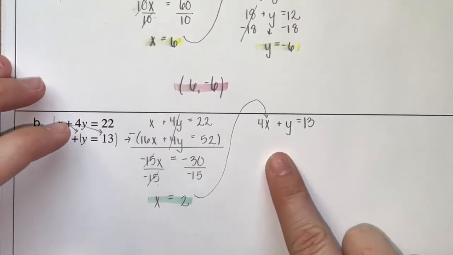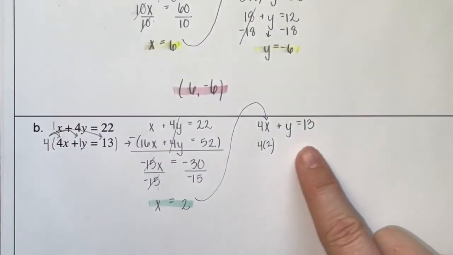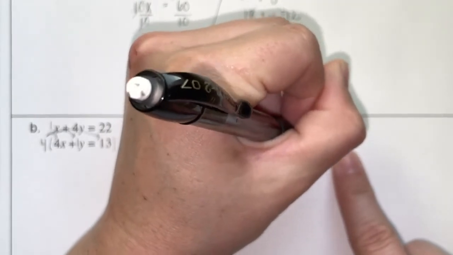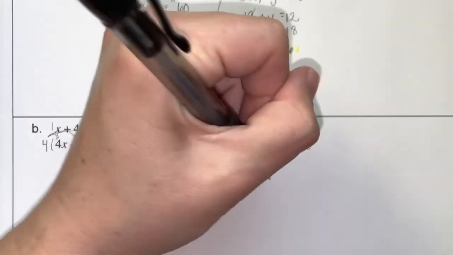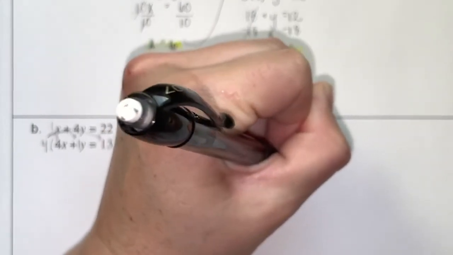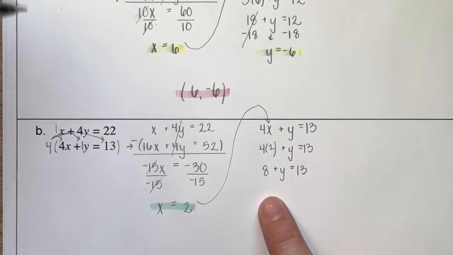So instead of 4 times x, it starts off 4 times 2. And then everything else comes down, plus y equals 13. And now we need to simplify to solve for y. So I can simplify by multiplying 4 times 2, that's 8, plus y equals 13. And then I want to get y by itself, so I have to undo adding 8.